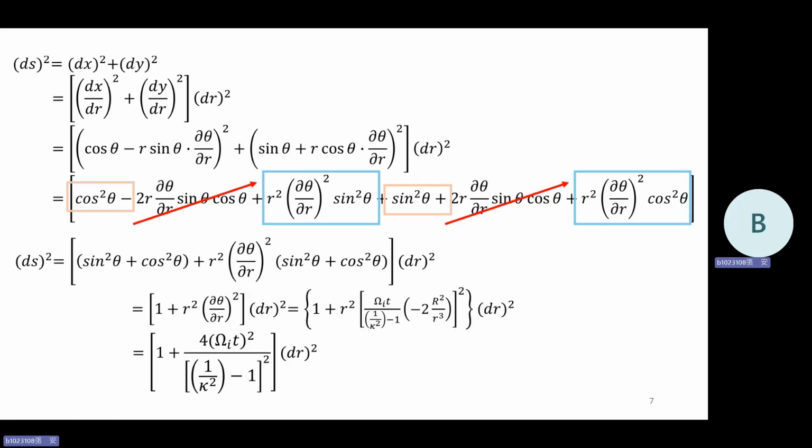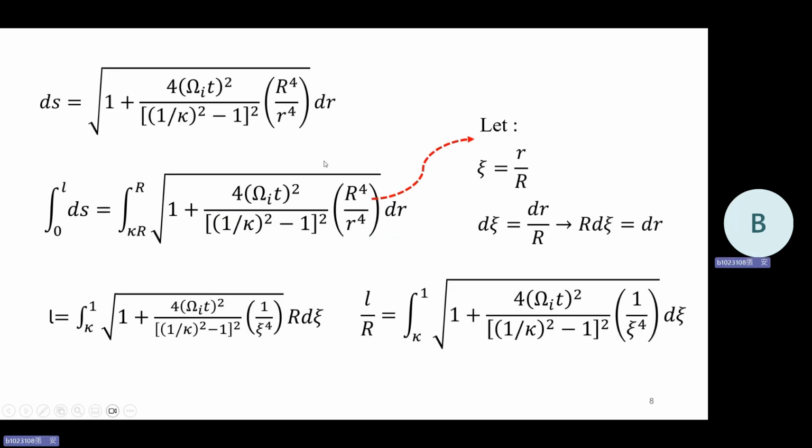Let's focus on the highlighted parts. These terms in red lines and the blue boxes can become simpler or cancel each other. So we get this equation of ds squared. Taking the square root of both sides, we get this equation of ds.